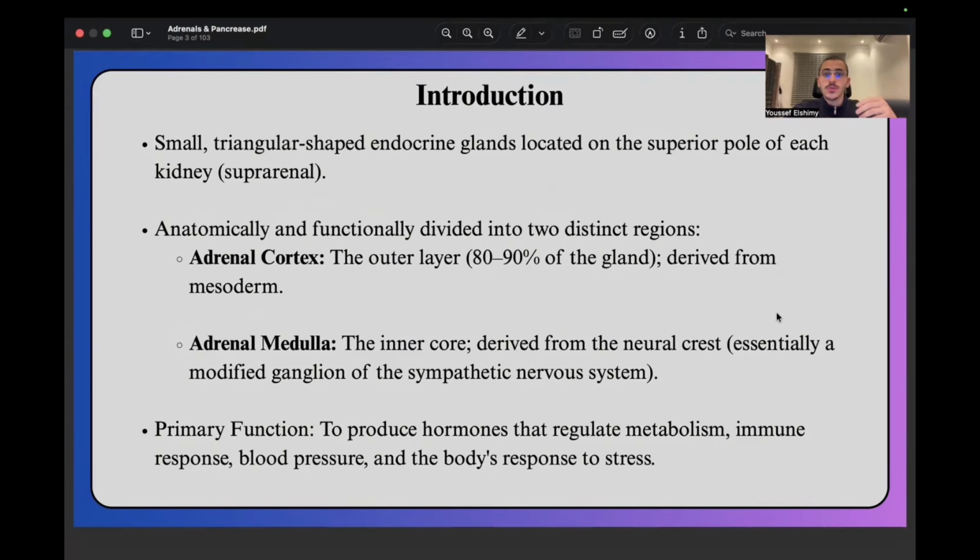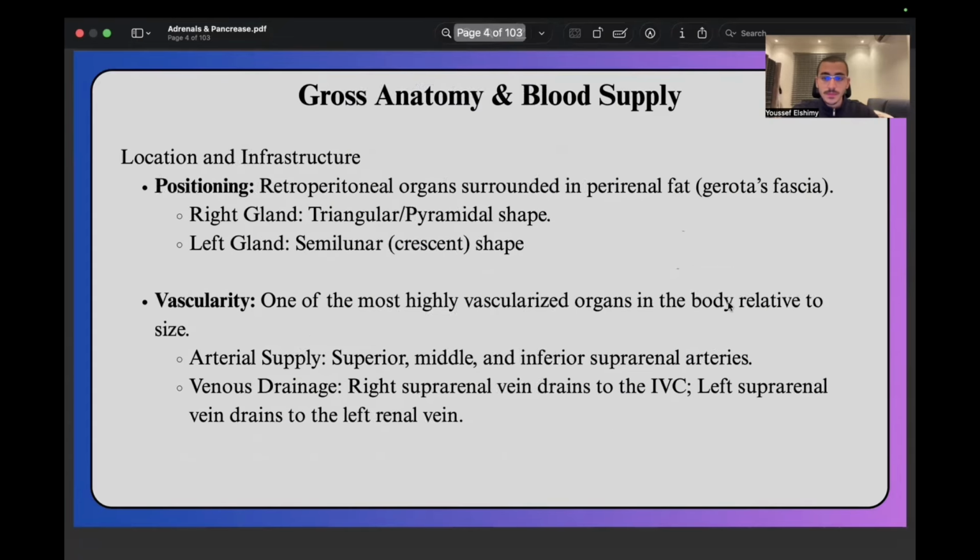And we're gonna discuss more about the embryological origin for each, but this is just an intro. And what about the function of adrenal glands? The adrenal glands, as we said, produce hormones. It's an endocrine gland. So these hormones regulate our body's metabolism, as well as the immune response, as well as controlling blood pressure and how the body reacts to stress.